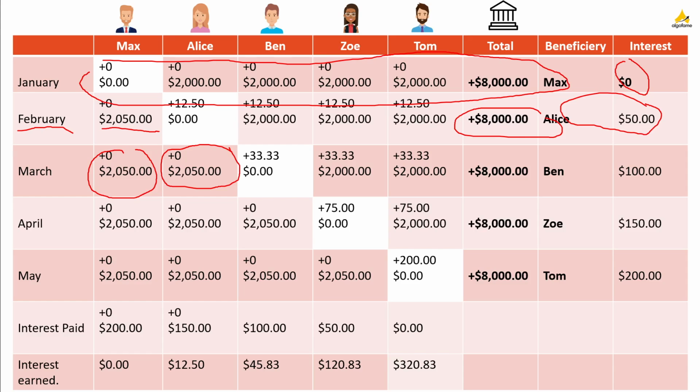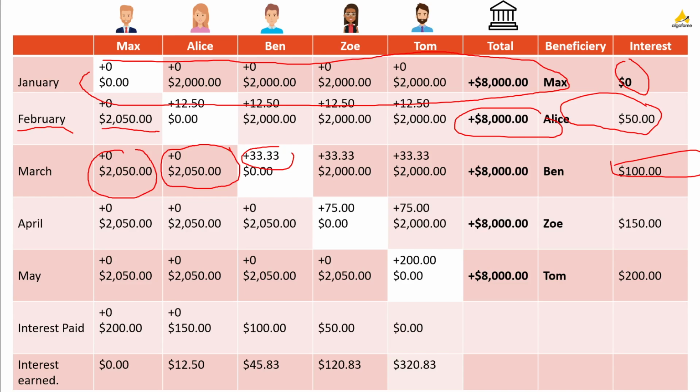So now the beneficiaries again are the people who have not received payments yet. So they each received $33.33. So a total of $100 was paid out in interest, as we can see here, and that $100 is divided among three parties: Ben, Zoe, and Tom.